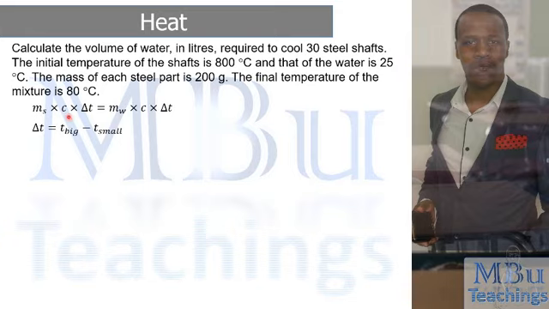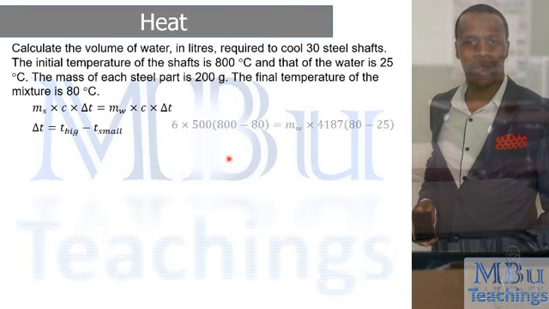Specific heat capacity. There is an information sheet in your question paper. You can go to the last page of your question paper, and you will see an information sheet where you will find C for steel and also C for water. C stands for specific heat capacity. So let me substitute for all of them.